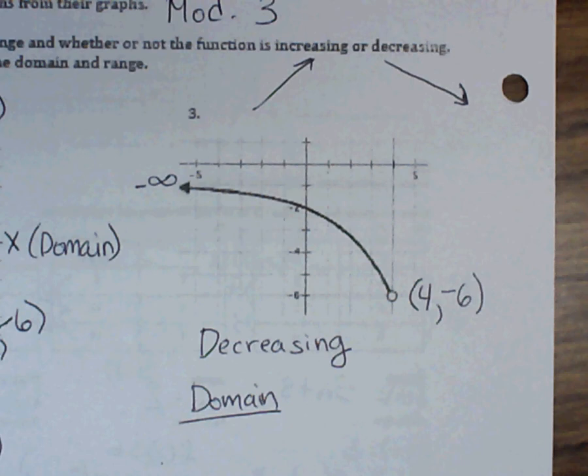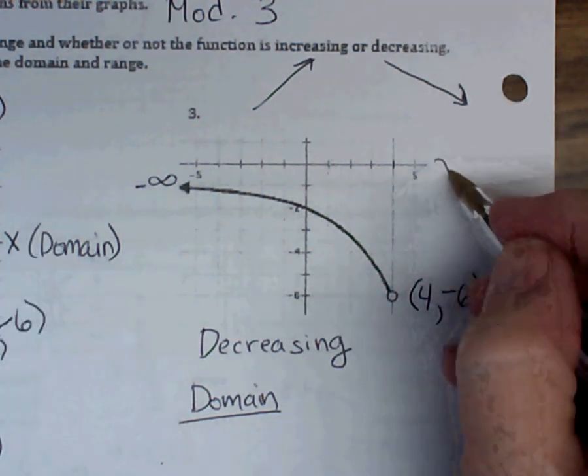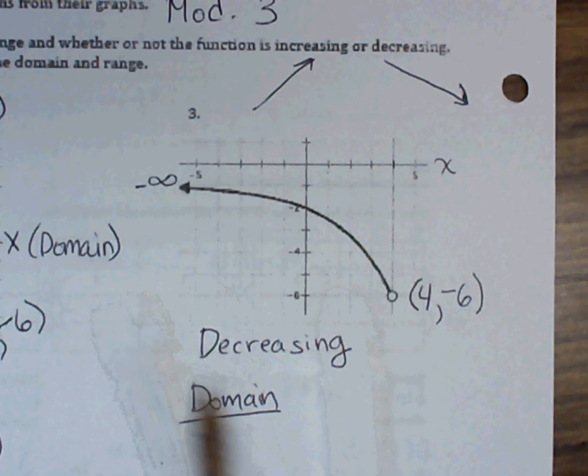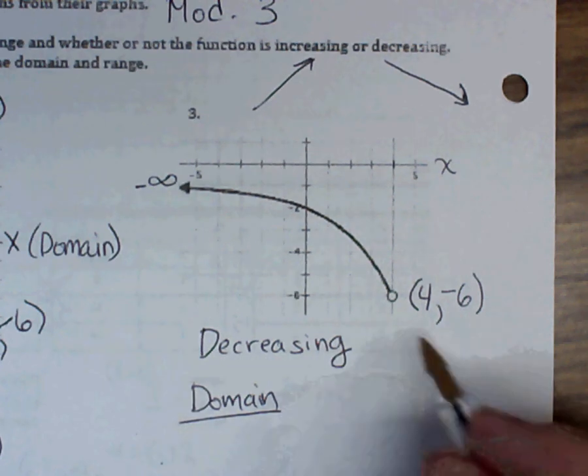Okay. So if I'm thinking about the domain, I'm thinking about the values on the x-axis where this is good. So it starts here where x is 4 and goes to negative infinity. And it's an open dot.